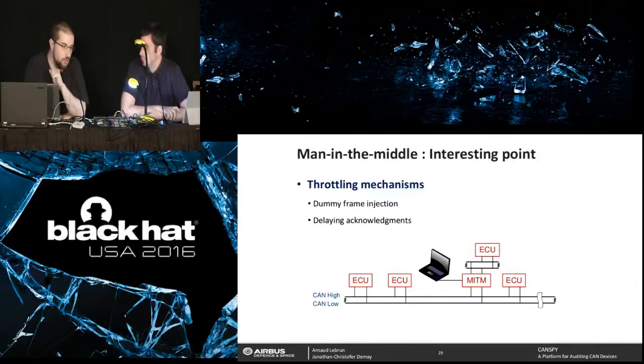Most ECUs will not try to determine at what rate they should send frames. They will just send as many frames as possible and let the priority mechanism do the throttling. But if you unplug one ECU to make it have its own CAN bus, it will have the whole bus for itself and will send a whole lot of frames that you will not be able to forward on the other bus because, again, of the priority mechanism.